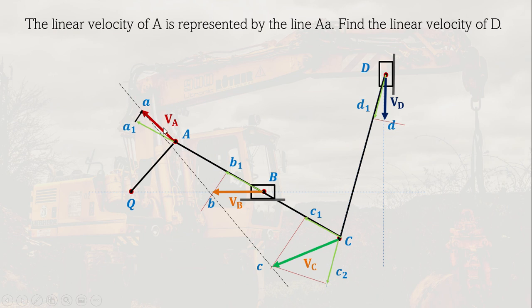So you measure this one, and then you get the equivalent feet per second. And then you also measure this one, and you get the equivalent feet per second using the velocity scale. So that is how we get the magnitude and direction of the velocities using the first method, which is the resolution and composition method.